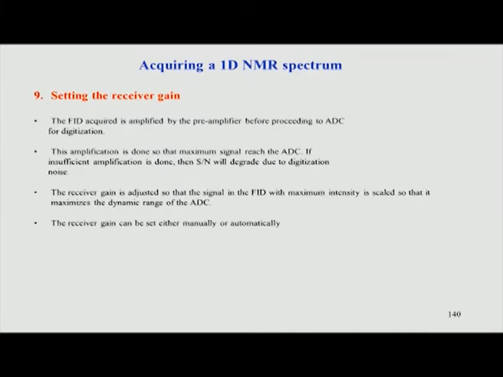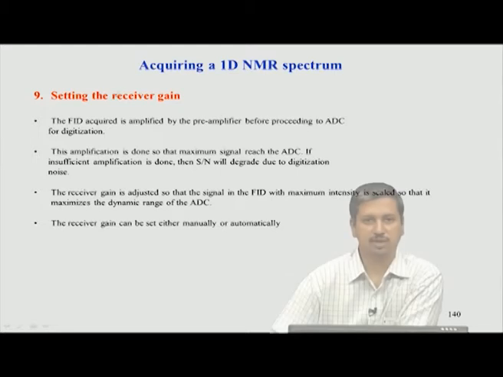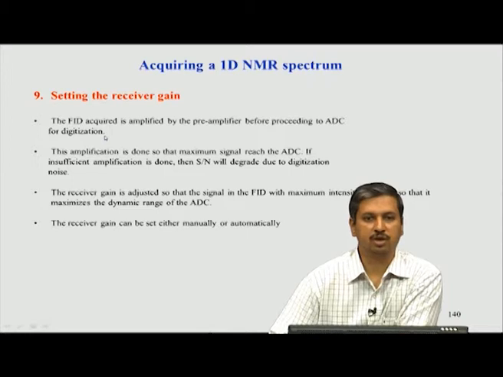Now, the next step, when you are recording the signal, there is a hardware component called a receiver. As the word receiver suggests, it is basically receiving the signal. If you want to receive the signal, you want to receive it at the maximum amplitude. Therefore, you want to increase the amplitude of the FID, and it is amplified by adjusting the gain in the receiver.